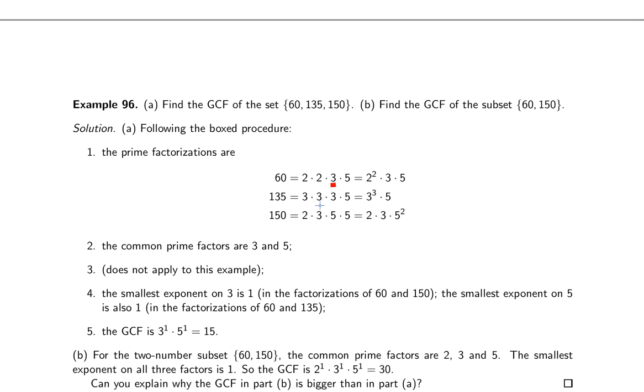So this 3, one of these 3's, and this 3, this is common to all 3. 135 has more 3's, but it only matches with one 3 in these two numbers. And they also have a 5 in common. All right, so the greatest common factor for these 3 numbers is 15.